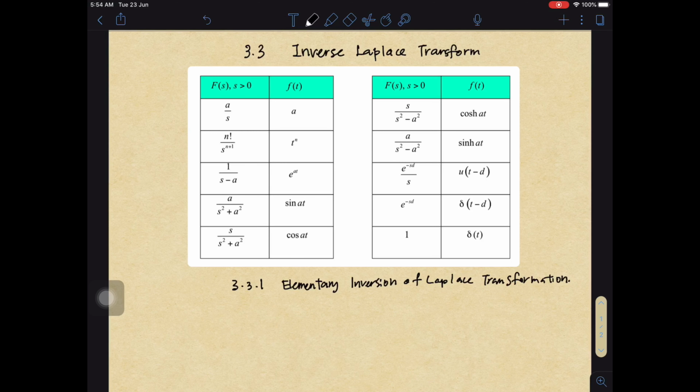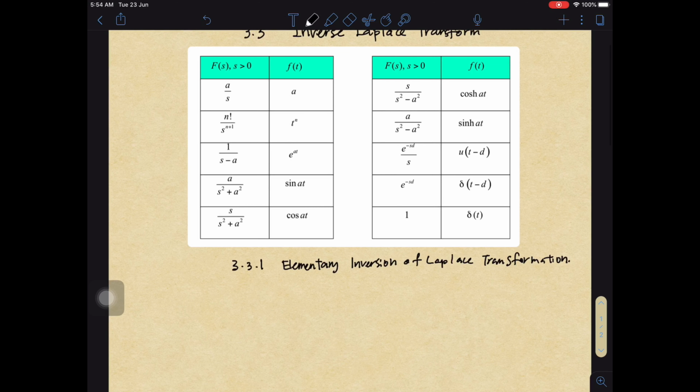If you remember, before this we have learned from the function f(t), when we do the process of Laplace transformation, where the symbol of Laplace transformation is this one, what you get in return is the function capital F in terms of s.